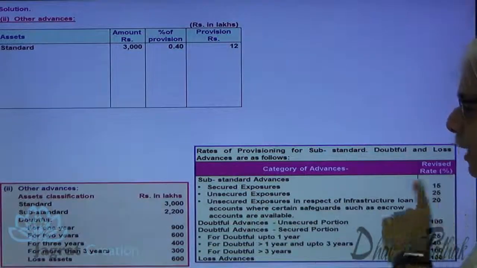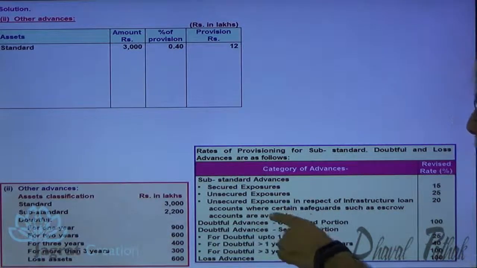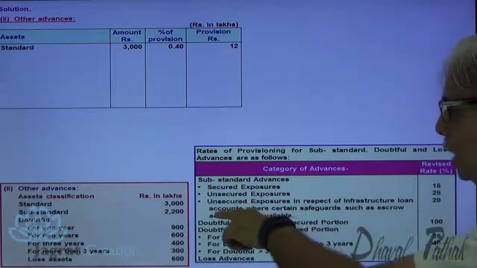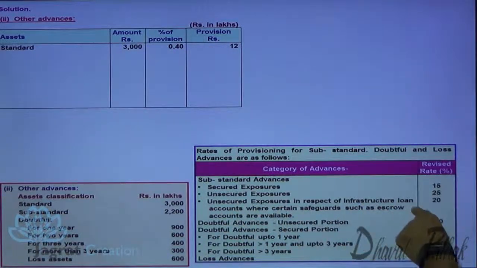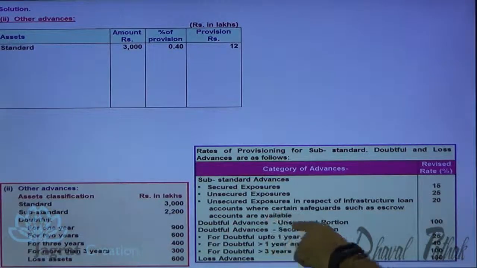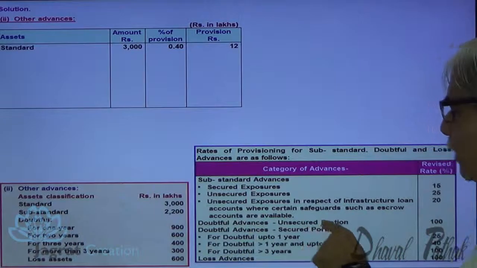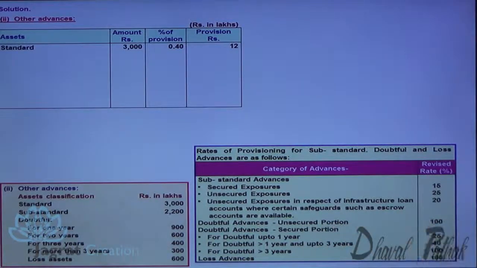In case of unsecured element, 25% provision is to be made. Unsecured in respect of infrastructure loan account, where certain safeguards such as escrow accounts are available, for that 20%. Doubtful advances, unsecured portion is 100%. Doubtful advances, secured portion, 1 year, 1 to 3 year and 3 years are given to you, and loss advances.